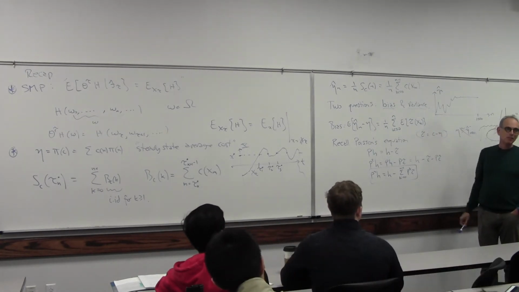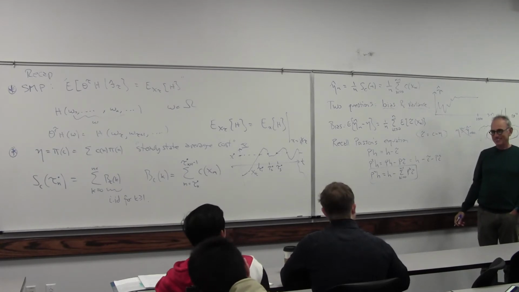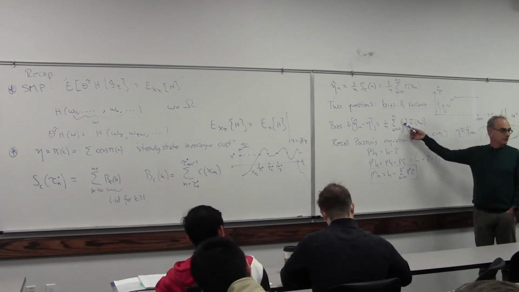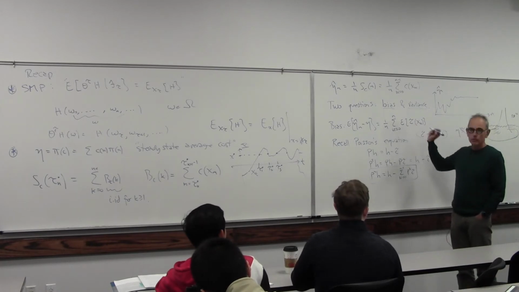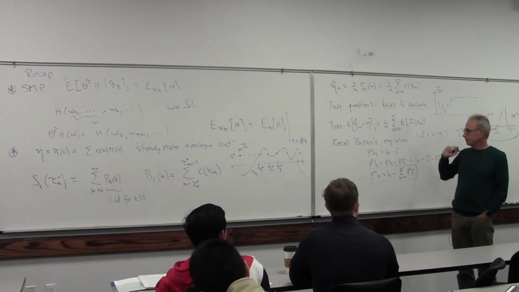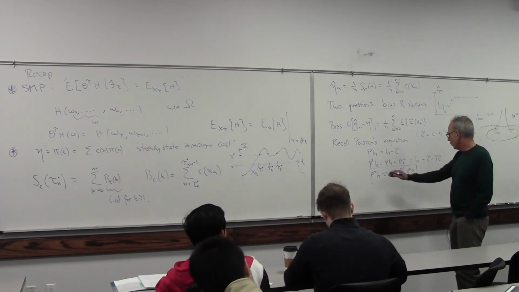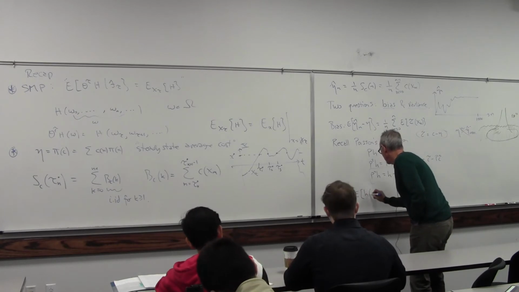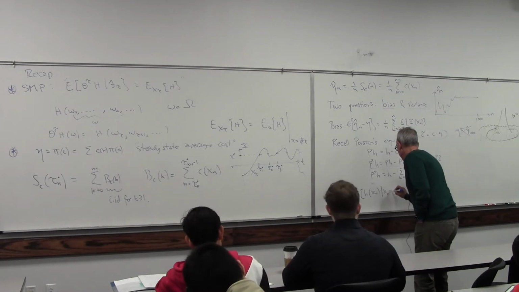This is a thing that I'm asking you to go and review before you go to bed every night. p to the k c tilde is the expectation. I should put a little x there maybe, because it depends on the initial condition. So I'll write this out: the expectation of h of xn given x0 equals x.